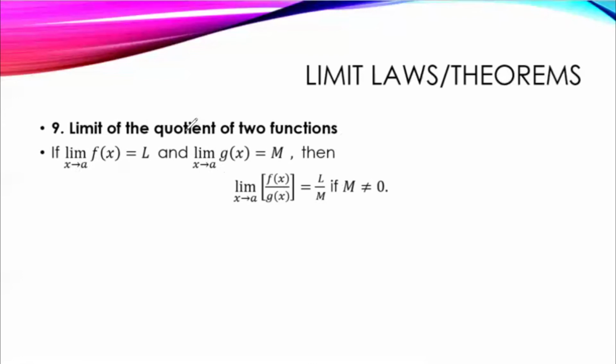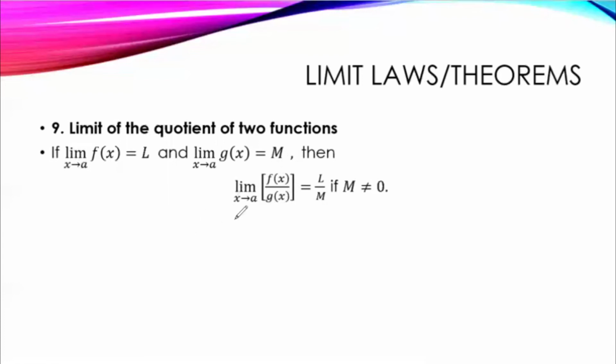This is what we call the limit of the quotient of two functions, like rational functions. We have the numerator and the denominator. So all we have to do is divide the limit of each function.